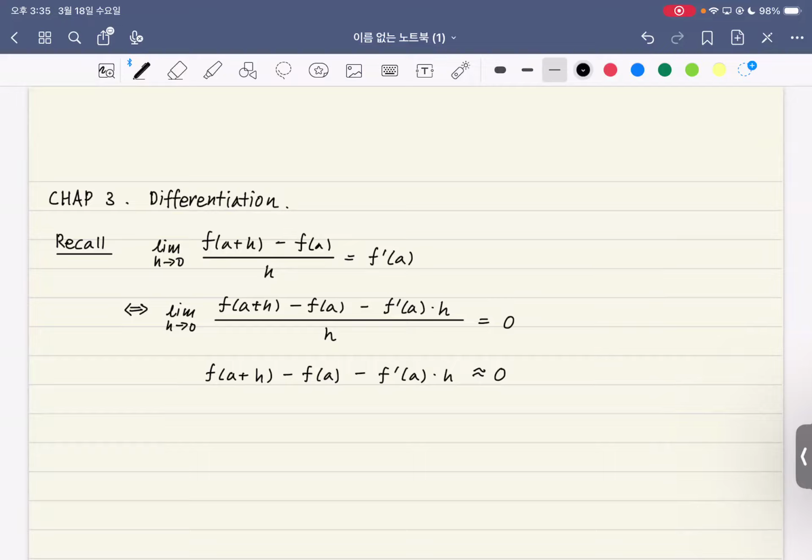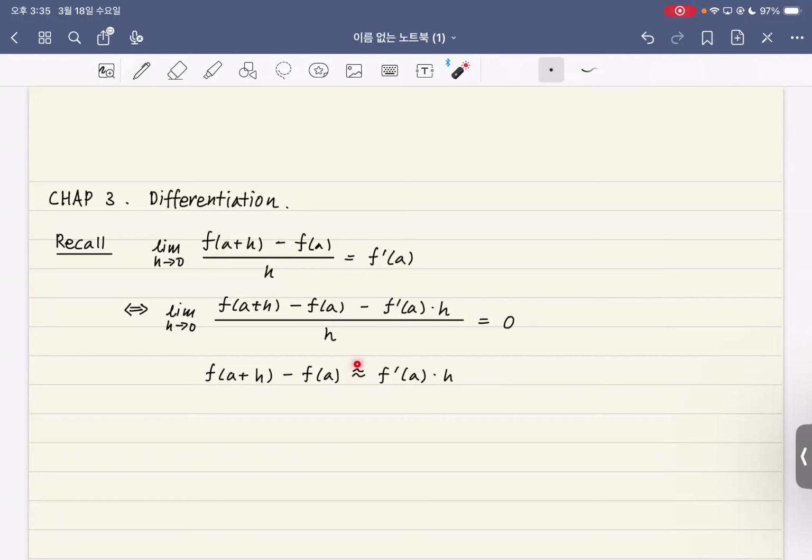I don't really like the expression, I really have to use the big O notation, but I won't. Please allow me to use this notation.